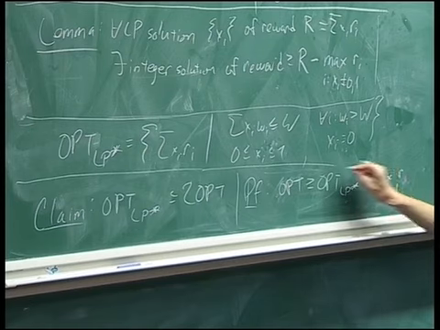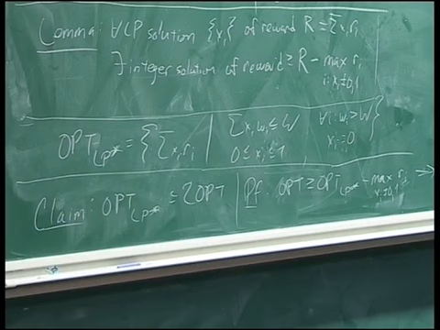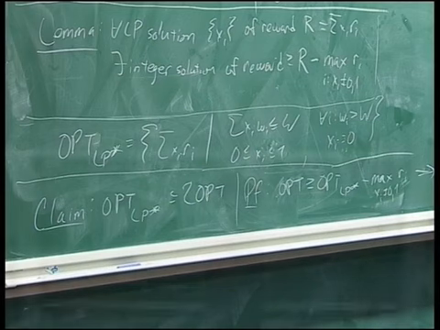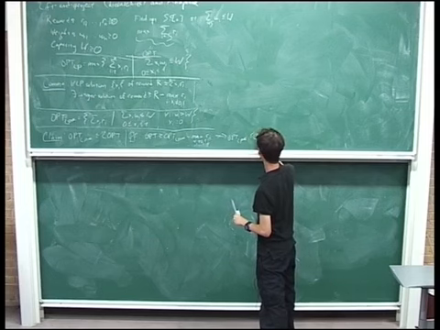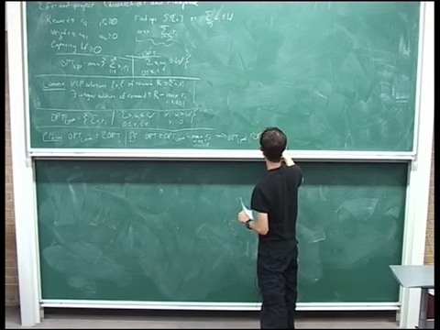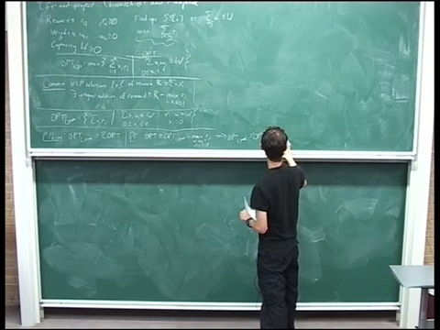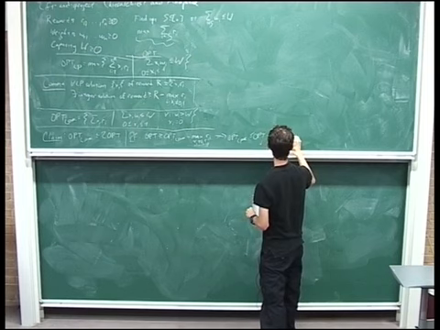So if we just move things around here, then we get, right, so we have optimum. Fractional optimum is at most opt plus this.